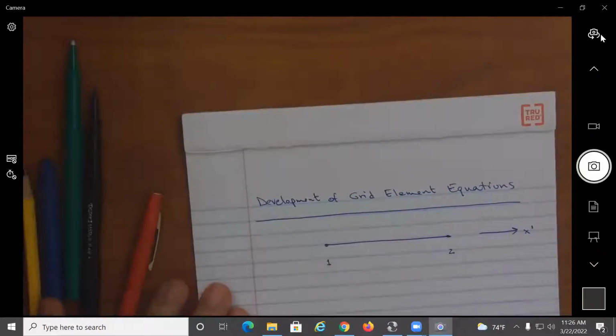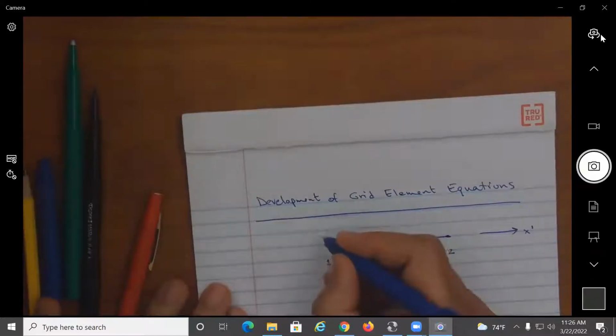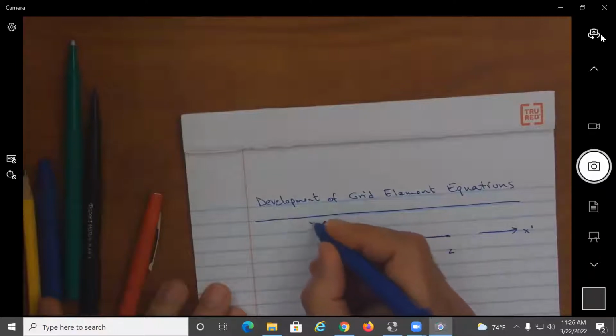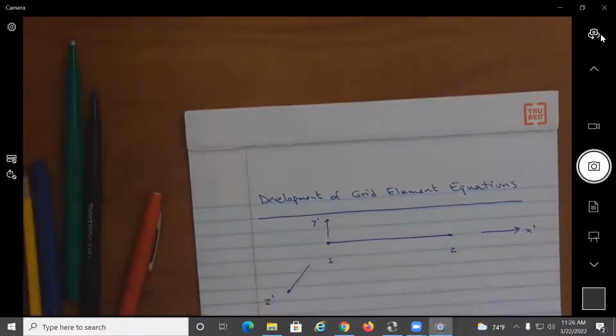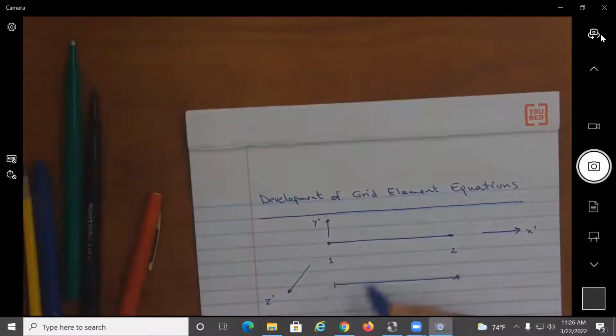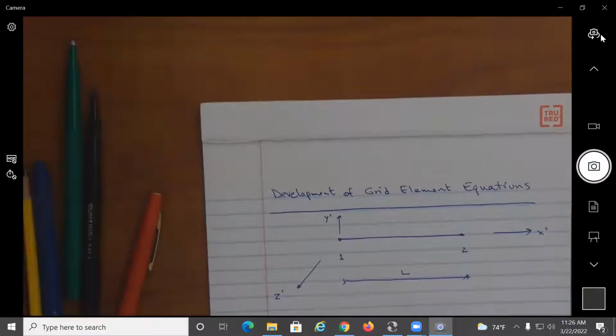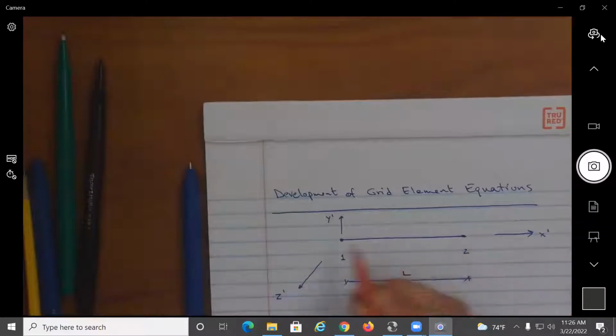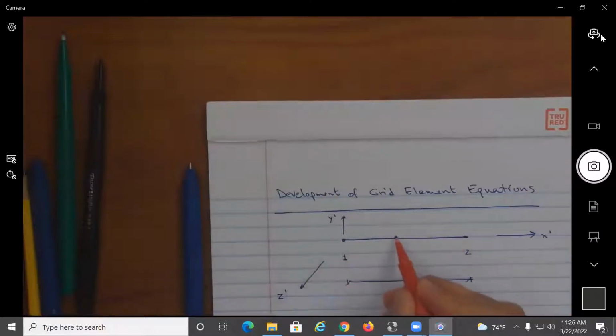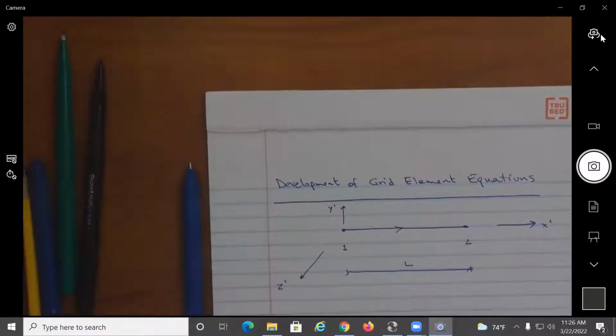So I'm using the prime for local. Perpendicular direction would be y prime, and the grid would be in the x z prime direction. The element has a length L. And the element extends from 1 to 2, so the local axis would be going in this direction, same as the x prime.